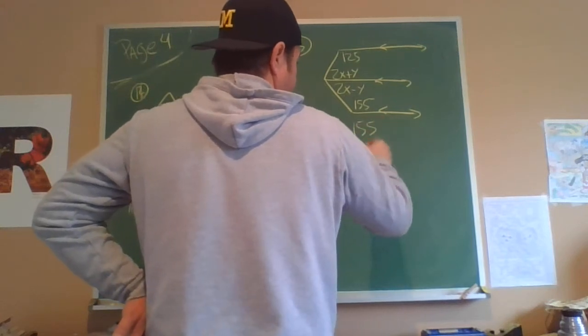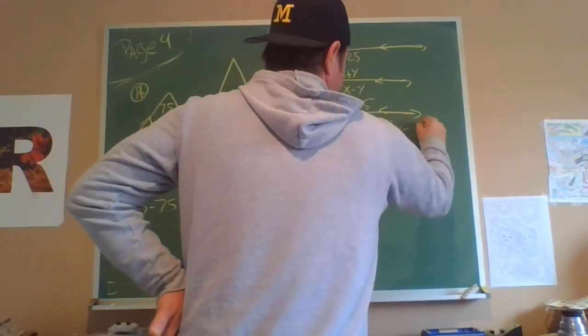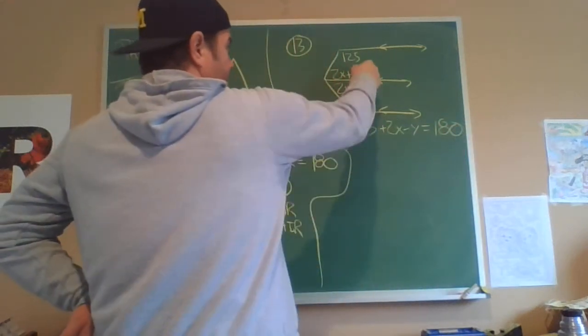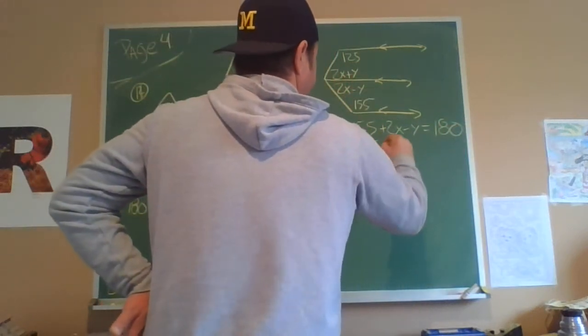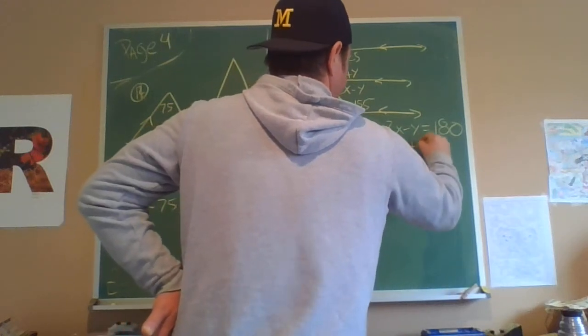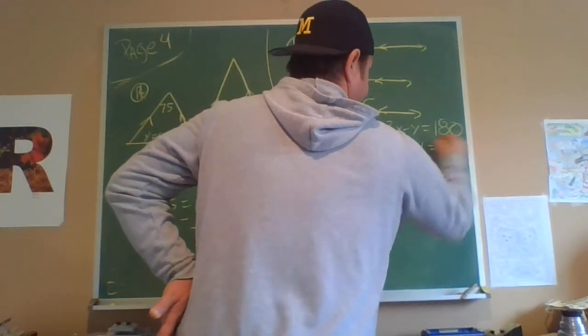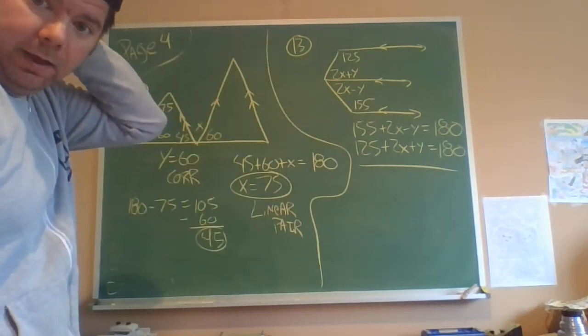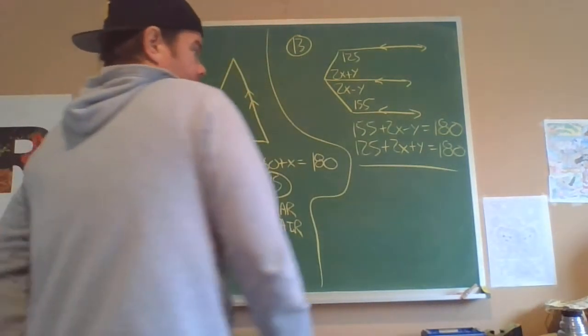So 155 plus 2x minus y equals 180, as well as 125 plus 2x plus y equals 180, right? So I've got two equations for the two unknowns, right?